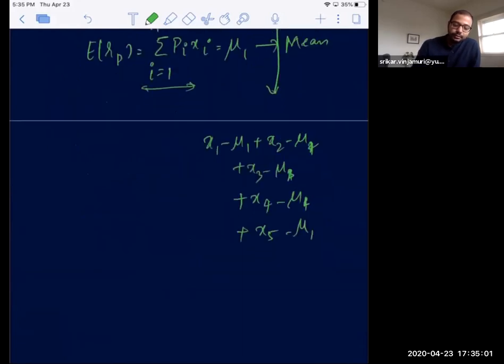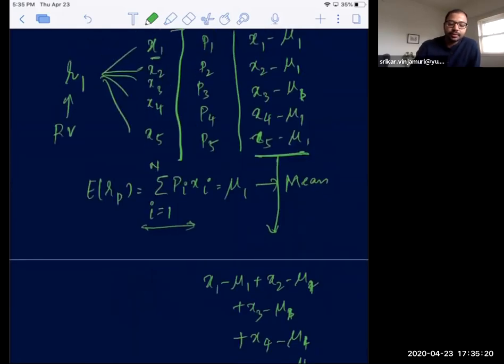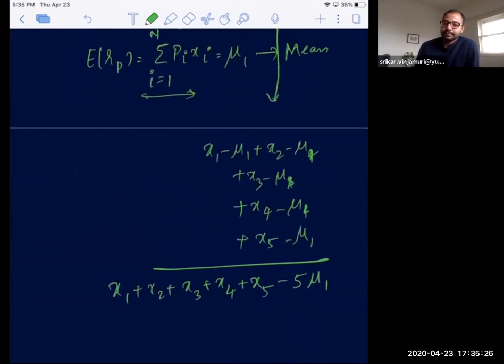I keep saying mu5. So this is X1 plus X2 plus X3 plus X4 plus X5 minus 5 times mu1, right? If I try to sum all of these, the columns of the deviations, then I'm going to get this sum here.